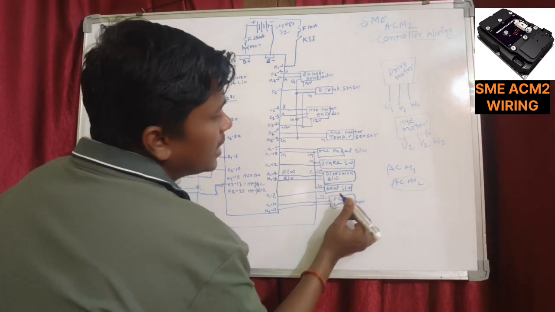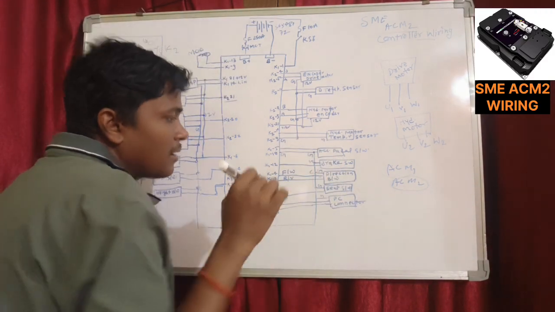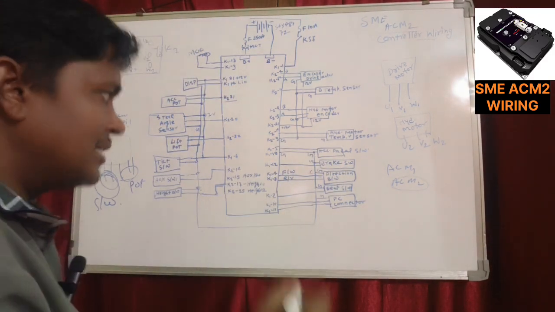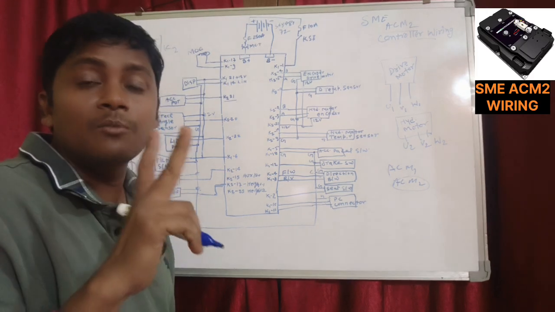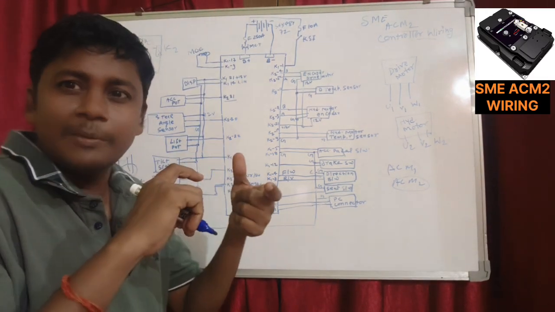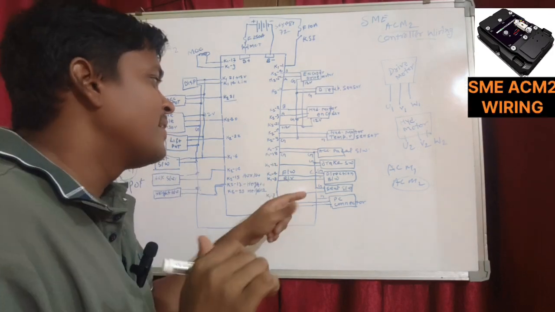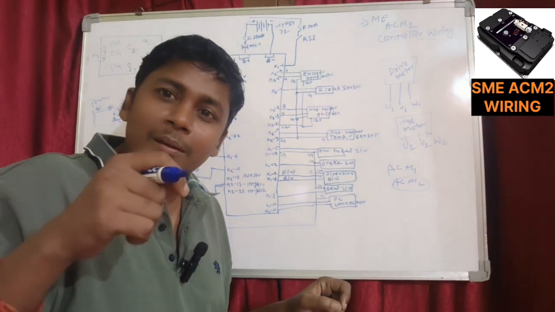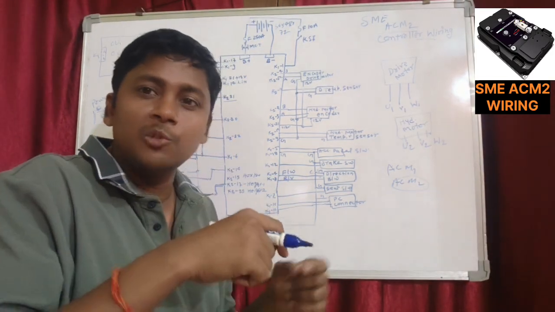Coming to the next point, if that machine has a seat switch, I'm saying seat switch, and if you are confusing seat switch and seat belt switch, let me clarify. The seat belt switch is installed with the seat belt, which you are buckling.